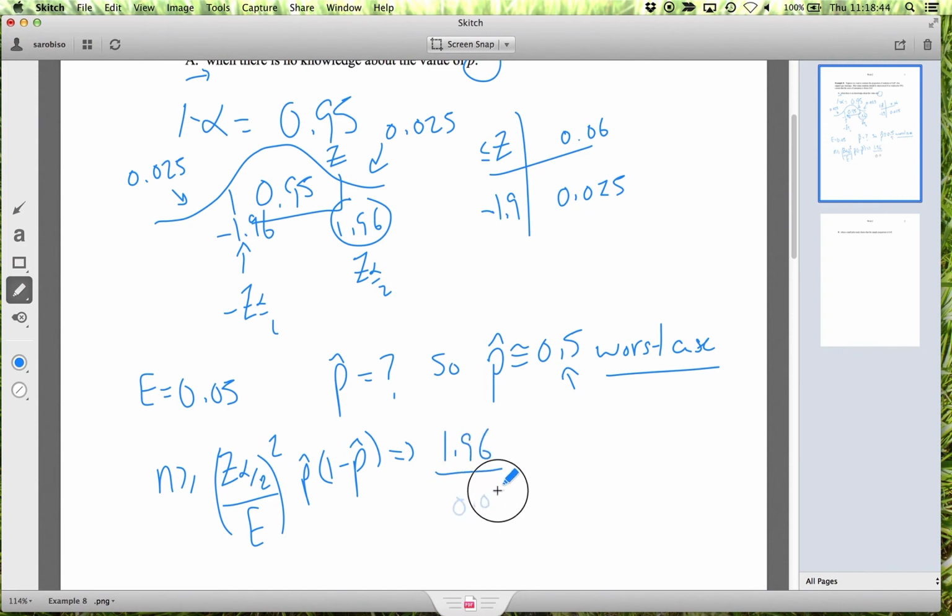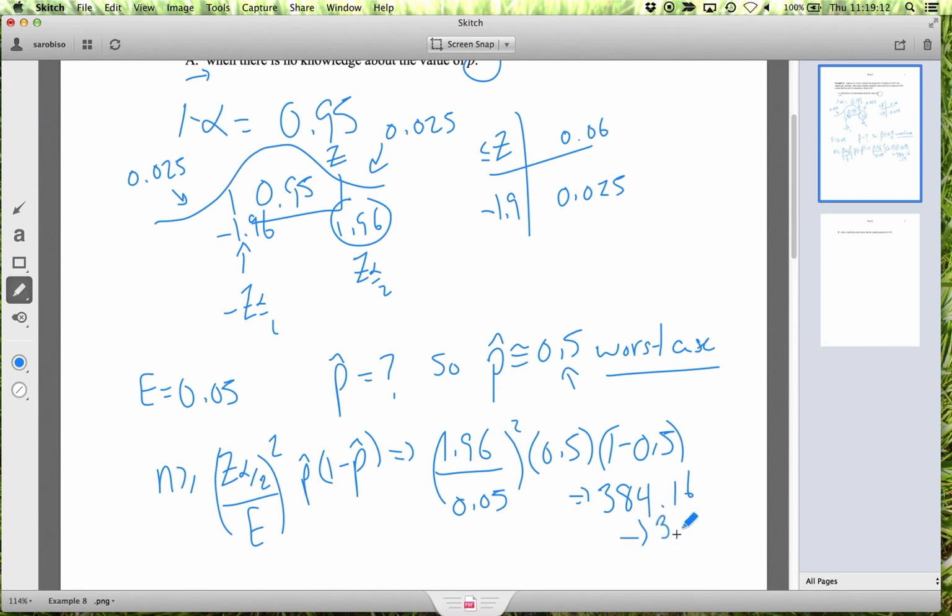Our allowable error was 5%. We want to take the ratio, square it, multiply it by 0.5 and by 1 minus 0.5, giving us the value 384.16, and we know that we always round up for sample size calculations.